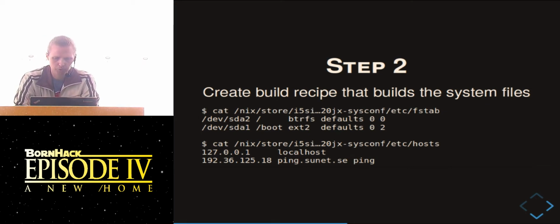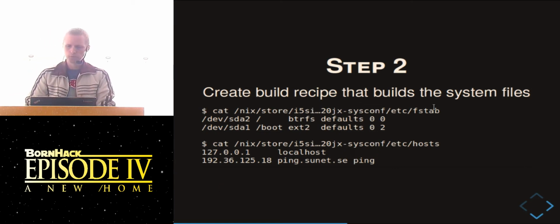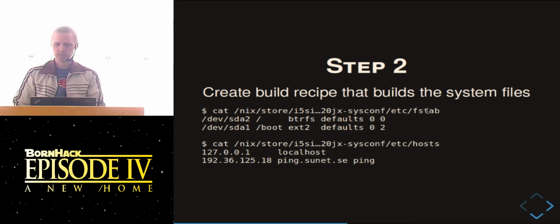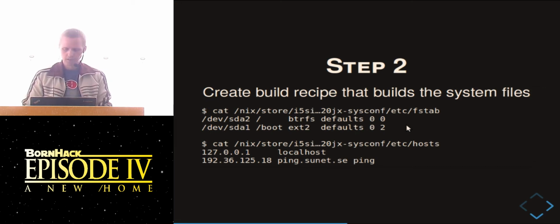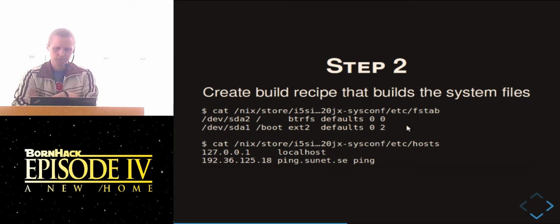So for example, my file system description should be built into a typical fstab file with the formatting that the mount tool expects. And our hosts file should be formatted as our resolving library expects. And this is built into the Nix store, of course.